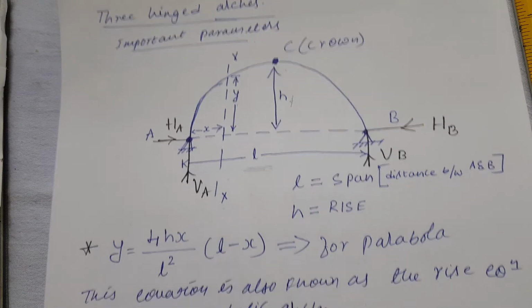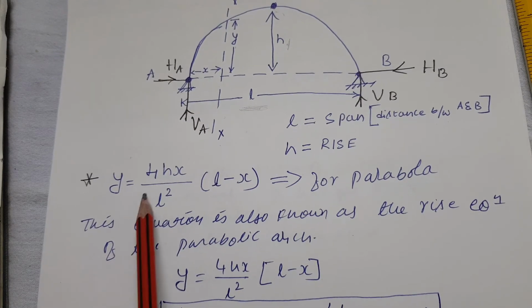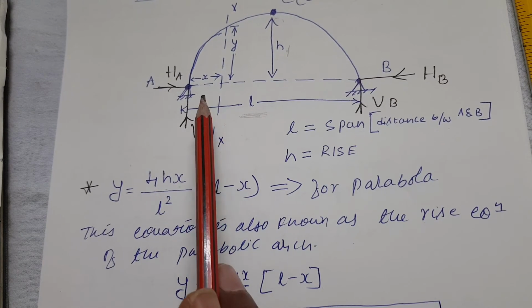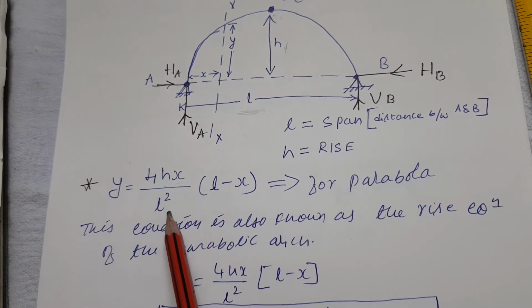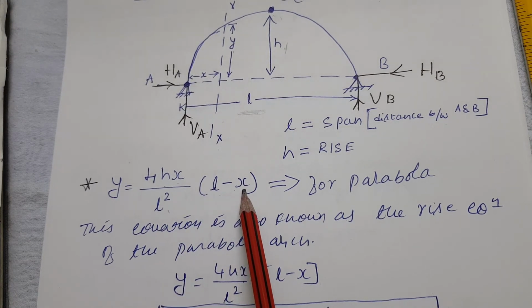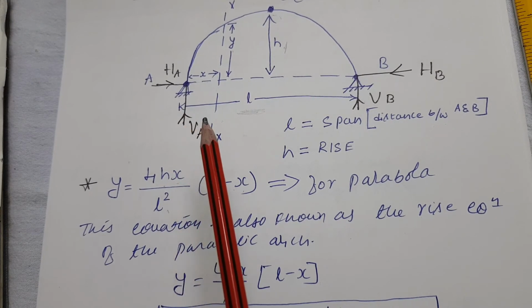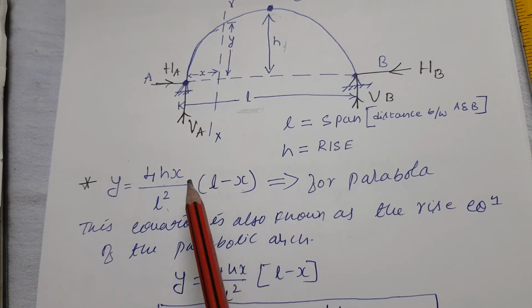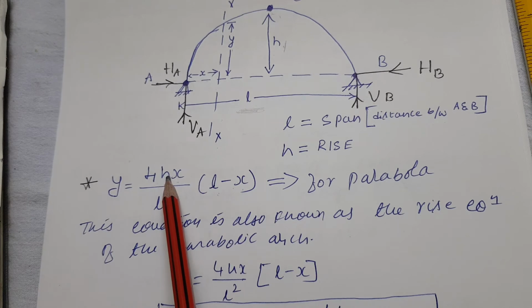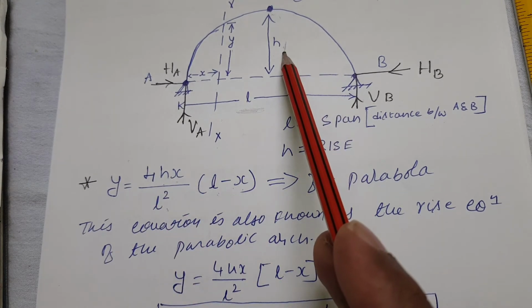It is derived that y is equal to 4 times the rise h multiplied by the horizontal distance x, divided by the square of the total span L squared, the whole multiplied by (L minus x), where x is the horizontal distance with respect to the reference axis, L is the total span, and small h is the rise. That is what is shown.